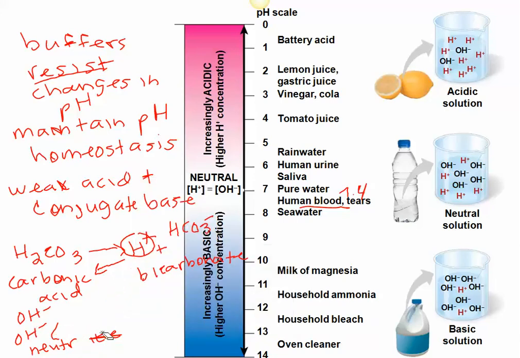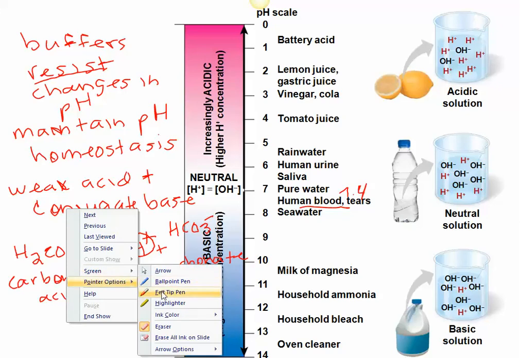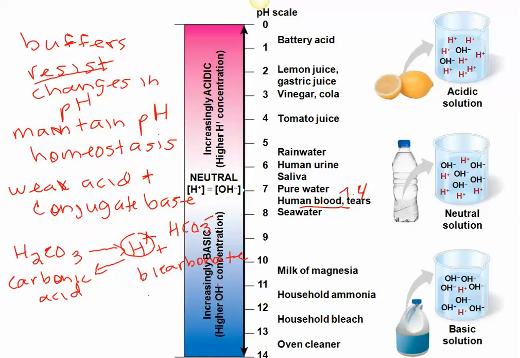Okay, so now let's review what happens if you ingest too much acid. Let's say, for example, you ingest too much acid and you now have an increase of hydrogen ions in your system. Those hydrogen ions would cause your pH to decrease or lower, go closer to 0.